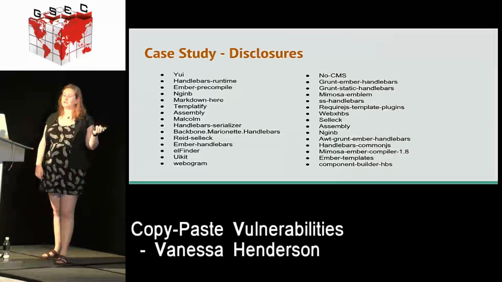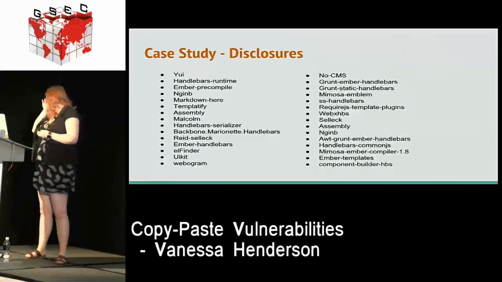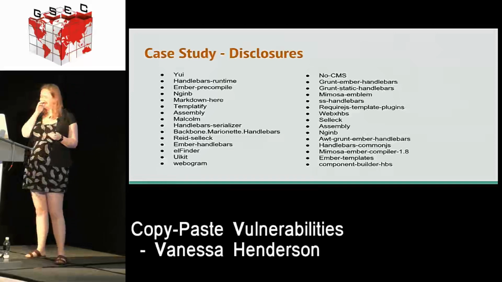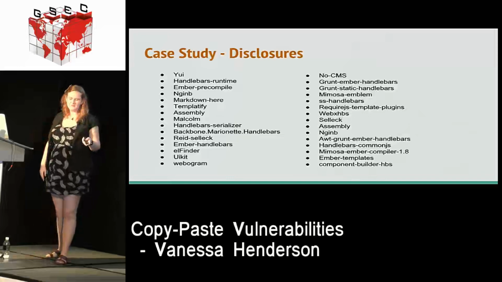Out of the 42 disclosures that we did, only 5 actually went on to fix the vulnerability, whereas a whopping 31 different projects did not even respond. That's not a good ratio, but that's another talk entirely.